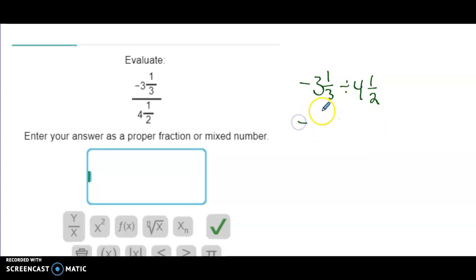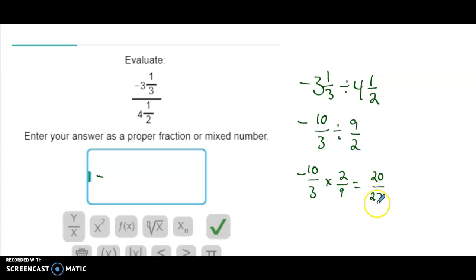And then I'm going to convert those to their improper equivalents. -10/3 divided by 9/2, and keep the first dividend, change, reciprocal, and I cannot simplify first. So, oh, and I know I have one negative factor, so my product will be negative. And that turns out to be 20/27, and they don't share a common factor other than 1. So that is my final product.